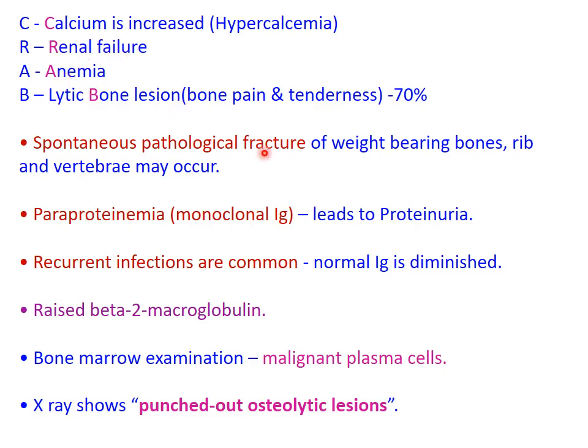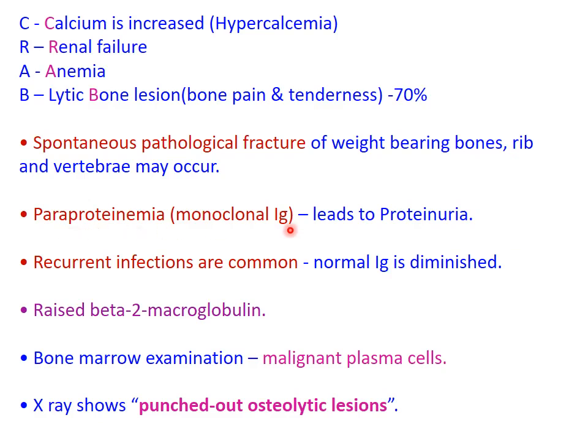Due to this lytic bone lesion, spontaneous pathological fracture is very common in the weight bearing joints, because bones get full of osteolytic lesions, not solid enough, no calcium deposited. So spontaneous pathological fracture, rib fracture, vertebra fracture may occur, and these cause very severe pain also.